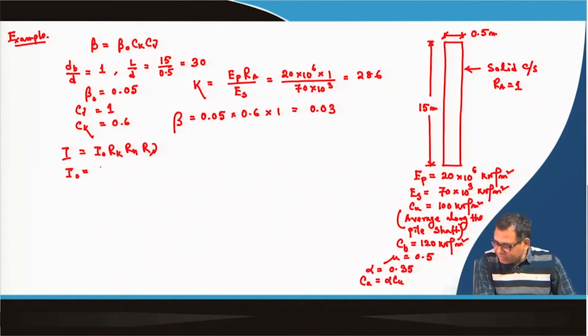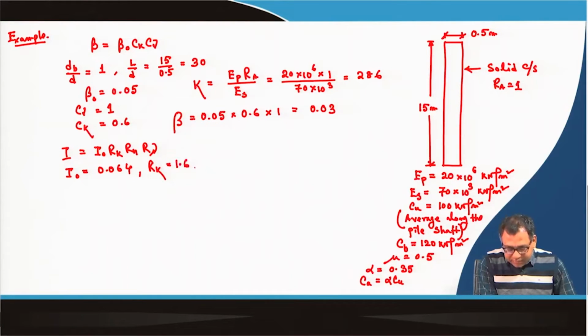So, I0 is 0.064, R_k is equal to 1.6, R_h is equal to 1 and R_nu is also equal to 1.